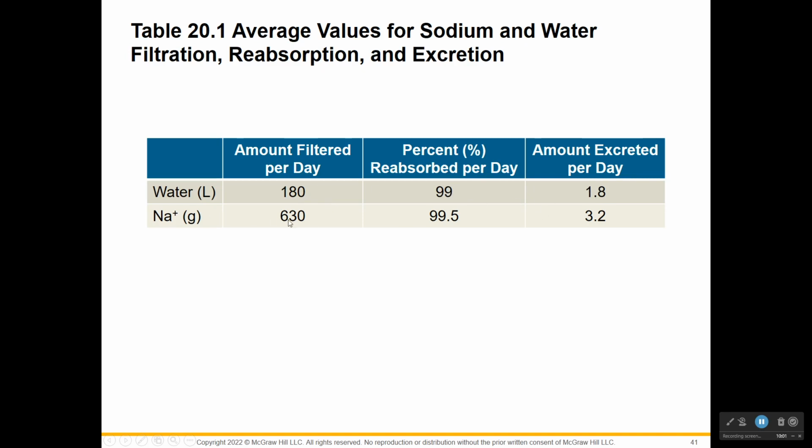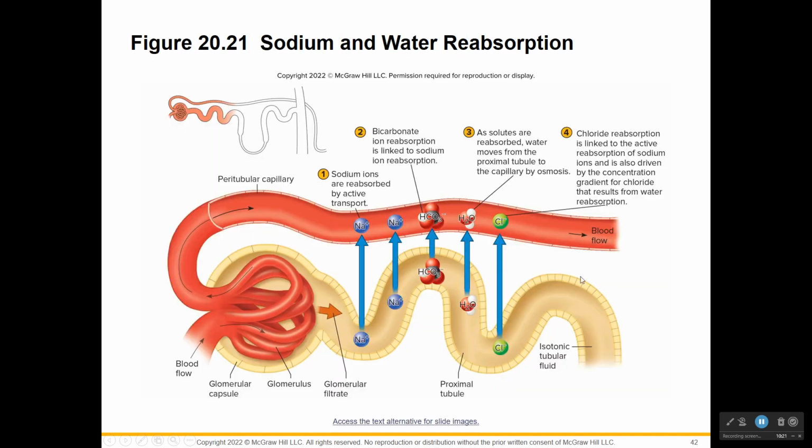And then your sodium, you have 630 grams of sodium put in the filtrate per day, and only 0.5% of that. So yeah, 3.2. They're rounding. I'm doing math in my head. Yep, 3.2 grams of sodium are released.